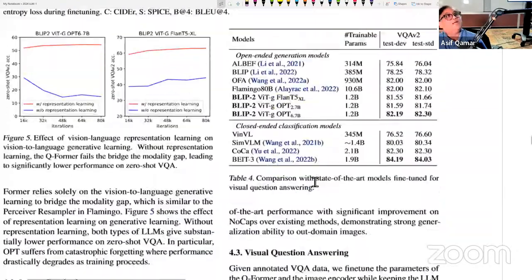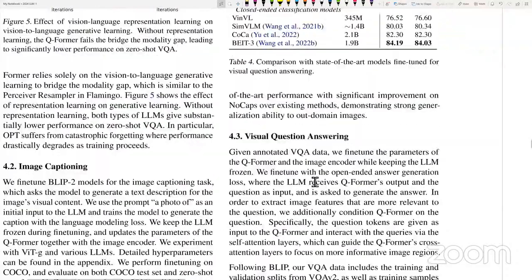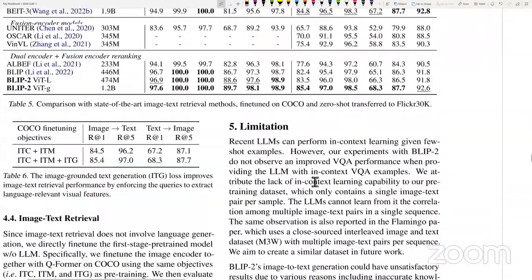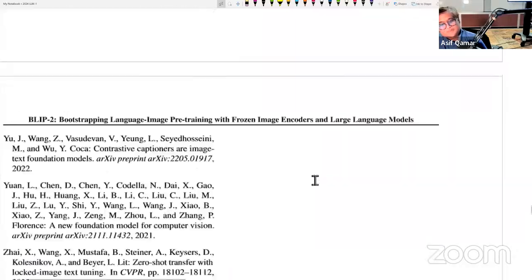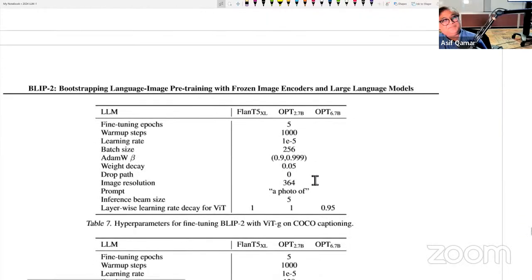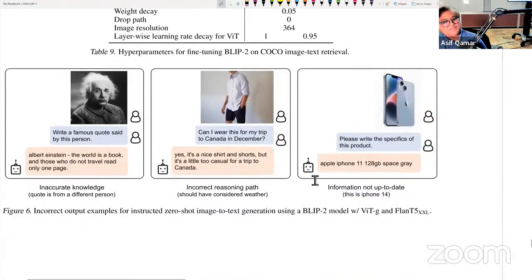No, you're saying give a quote from this person, because the LLM just hallucinated and cooked up something. If you think about this quote, it looks very Einsteinish. It looks philosophical, something Einstein may have said, but he actually didn't. The quote is from a different person. So this is more about the LLM limitation rather than this Q-Former stuff.